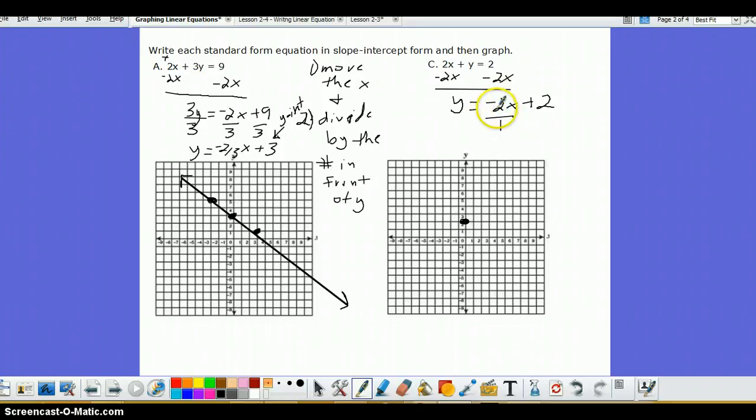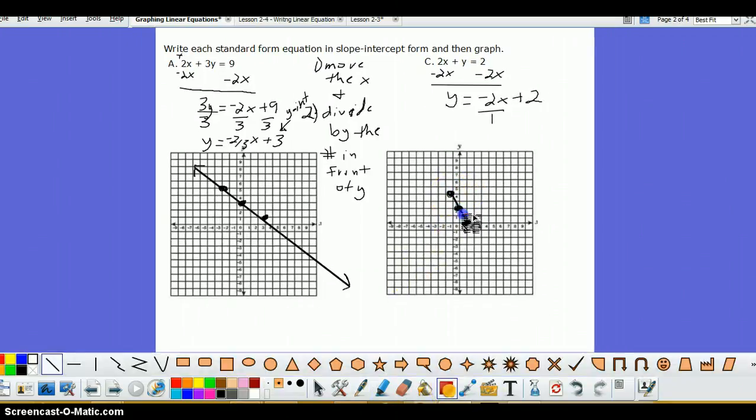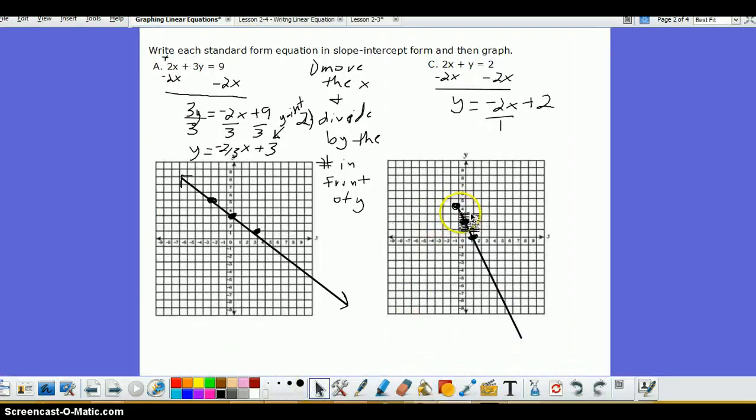Remember, put that over 1, so down 2, right 1. We could also go up 2, left 1. And we're good with that.